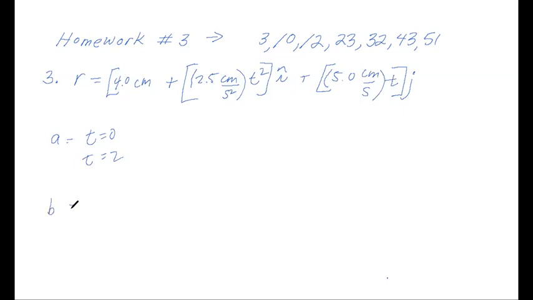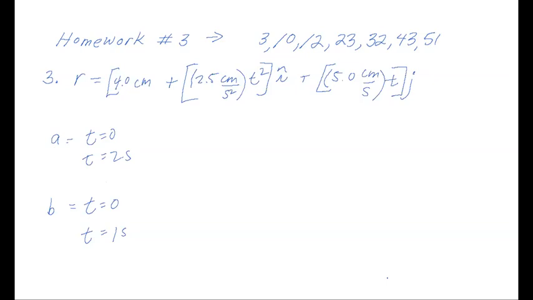So B is the instantaneous at t equals 0 and t equals 1 second. Oh, this is 2 seconds. And then show the velocities calculated in part B. Oh wait, no. Sketch the dot's trajectory from t equals 0 to t equals 2 seconds. This is C. And show the velocities calculated in part B.